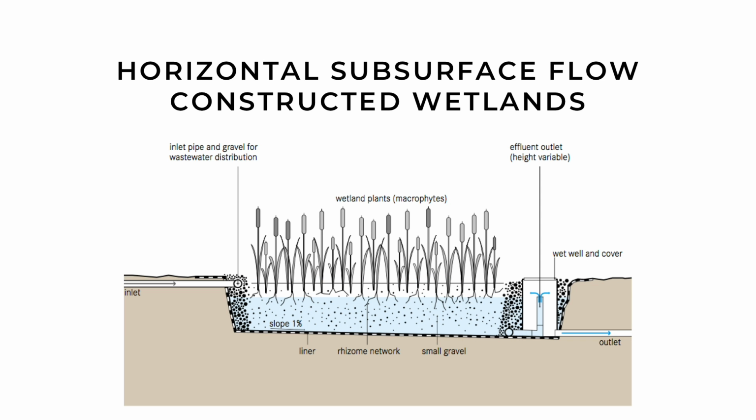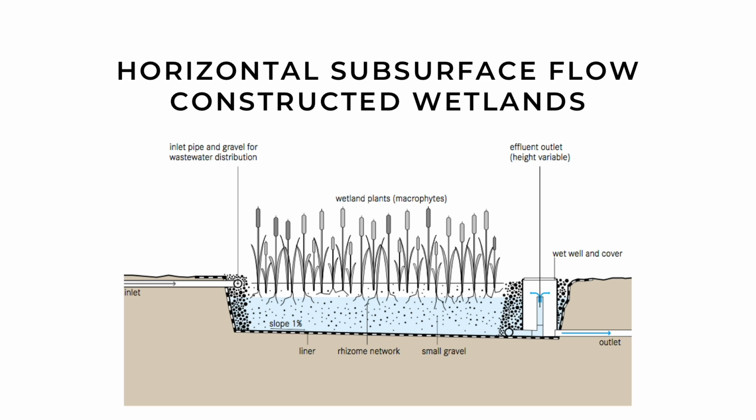In horizontal subsurface flow constructed wetlands, wastewater flows horizontally through the basin of small, evenly sized gravel of a depth of 0.5 to 1 meter, in a way that the material filters out particles and microorganisms degrade the organics.